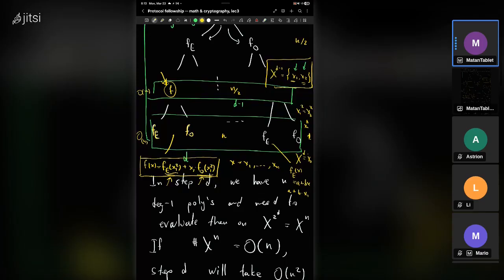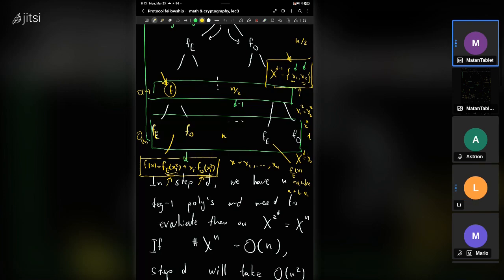An evaluation of a polynomial of degree 1 on a point is O of 1, right? But I have 2 points. When I go up the stages to D minus 2 and so on, these will grow. This is depending on n.